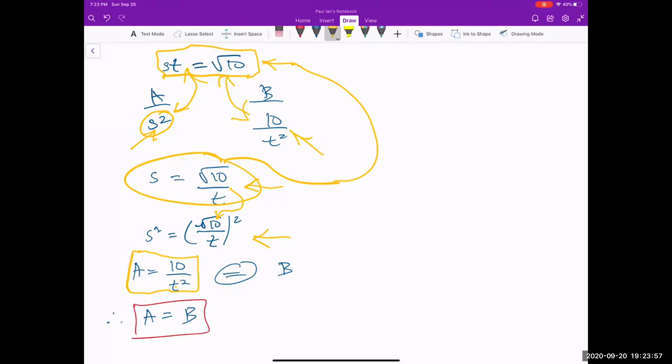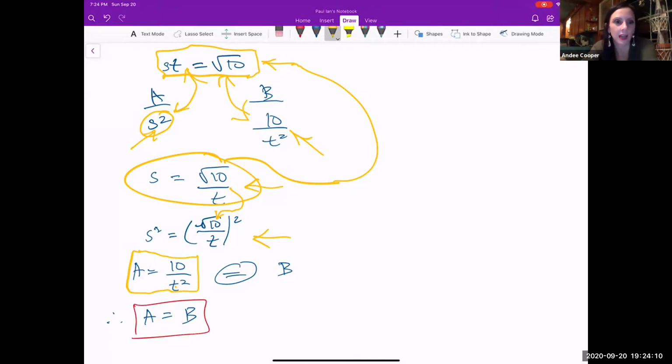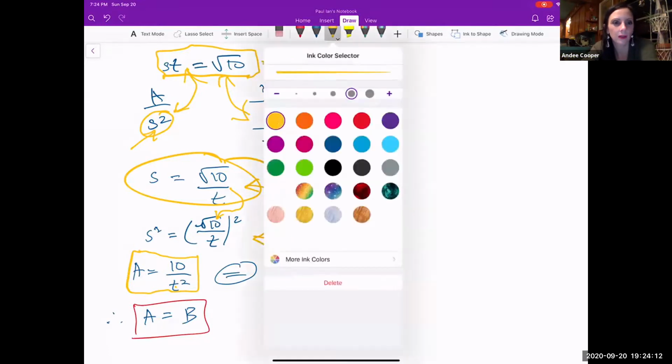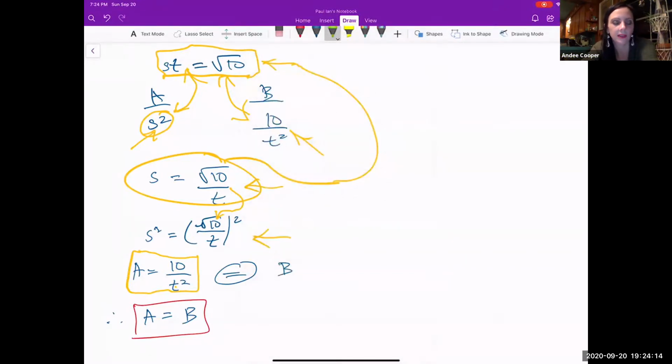You're given two things that can equal each other, and the question you want to ask is where can I plug in what? I don't see what you did. I now know that S equals the square root of 10 over T, which simplifies the given.